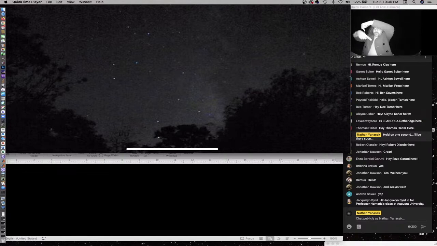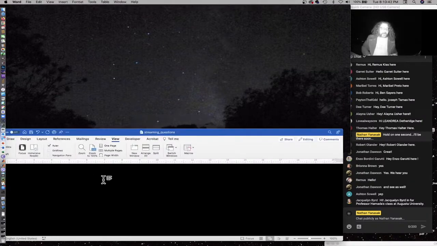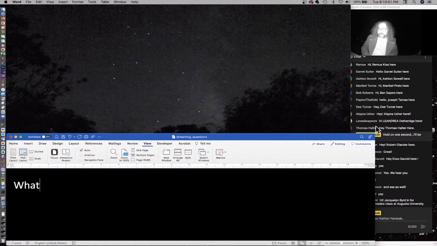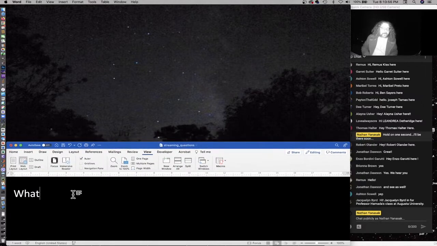And a little bit more diagonally down in the corner, I'm going to type in some questions. Let me resize this window real quick, and then everything will be a little bit better.